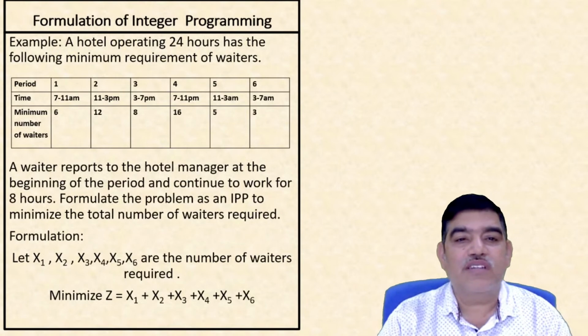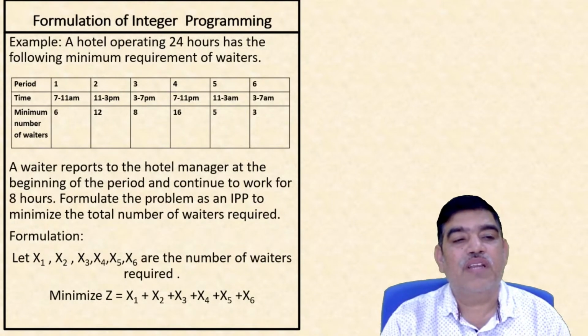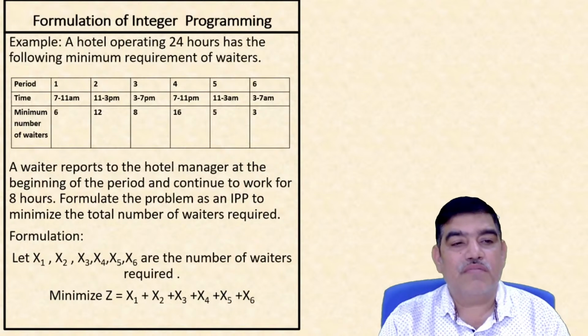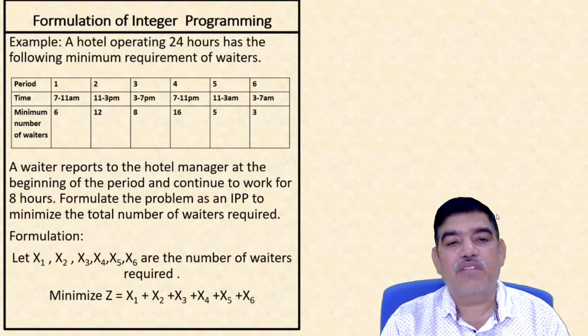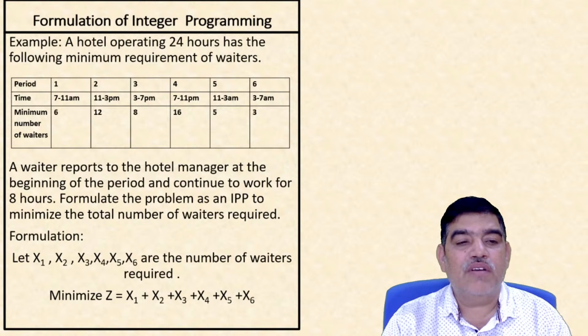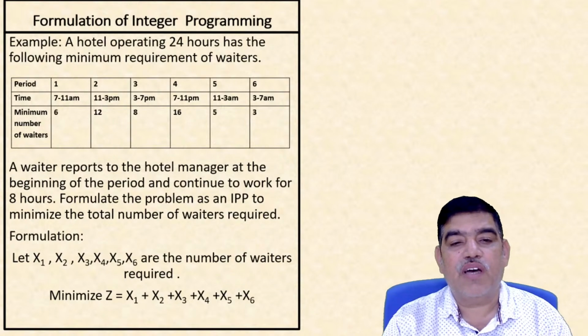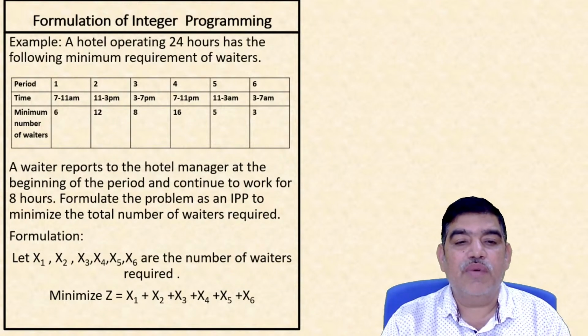Then how to formulate the integer linear programming problems? For example, let us consider a hotel operating 24 hours that has the following minimum requirements of waiters. The first column is period 1, the second column is period 2, the third column is period 3, the fourth column is period 4, the fifth column is period 5, and the sixth column is period 6.